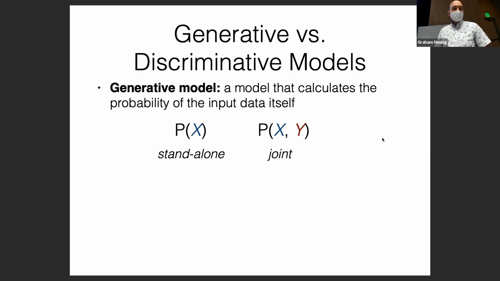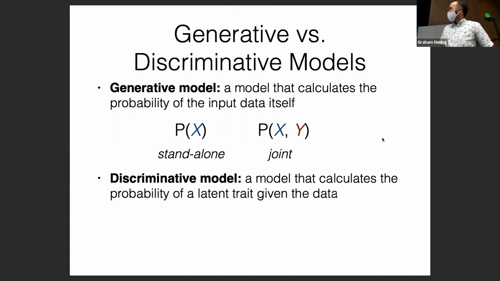I already got a topic model on the Zoom chat, and a topic model is basically a model that infers some latent topics with respect to the input data. So here, X would be the actual sentences that you're seeing, and Y would be the topics that you're inferring. It could also be that Y is the label of your text classification task. And I'm going to talk about exactly how we realize that in a second.